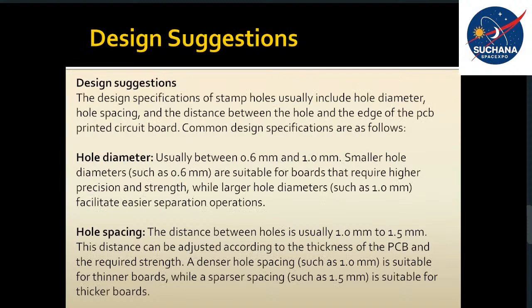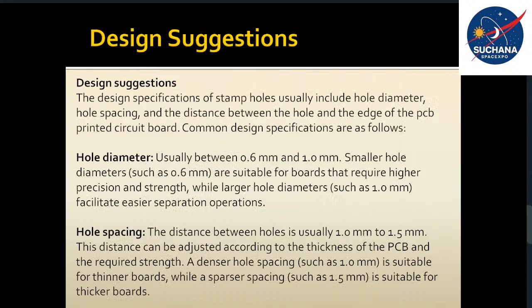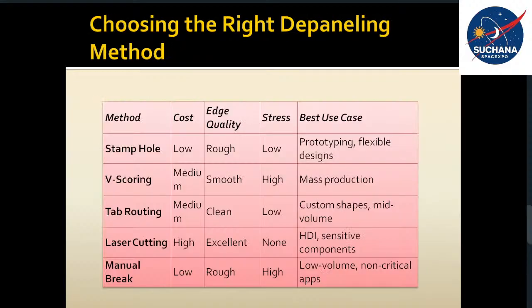There are some design suggestions, and we will discuss these design suggestions, measurements and all these parameters in detail, along with the advantages of stamp hole. In depanelizing there are different methods. I just listed only two common methods: stamp hole and V scoring. Apart from these there are other methods, like tab routing and laser cutting.